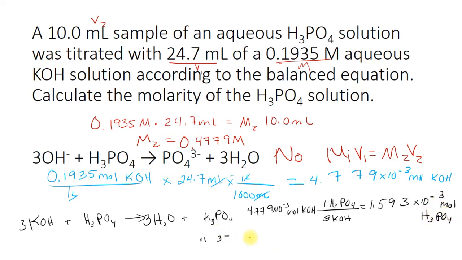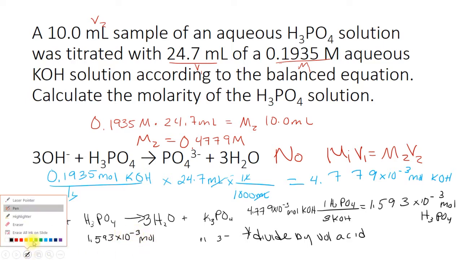Okay. And the last step, and this is a really important step, we need molarity, so that's moles per liter. I need to be sure I'm dividing by the volume of the acid only, since I'm looking for molarity of the acid. Alright, so we take that number of moles, and we got to convert because molarity is moles per liter.